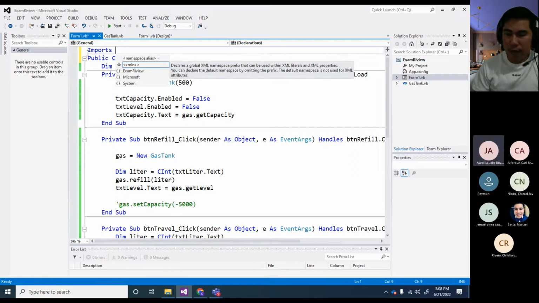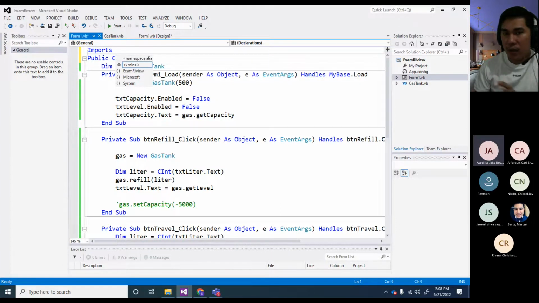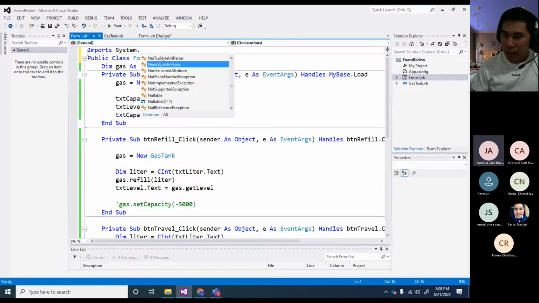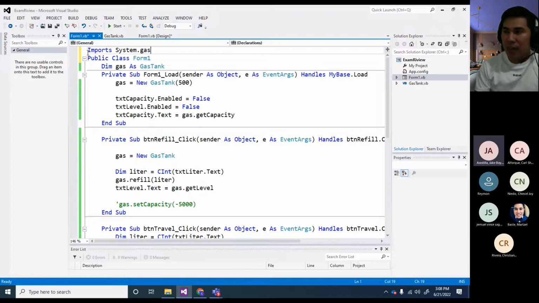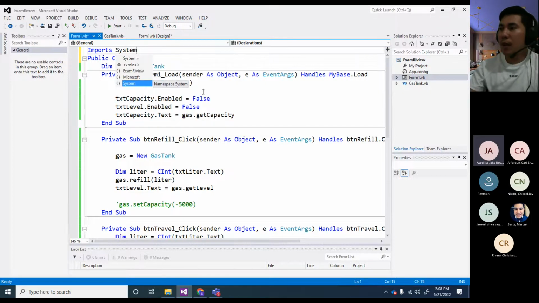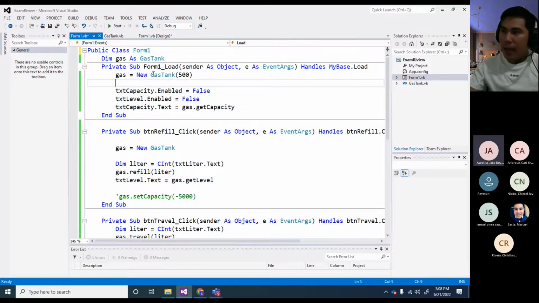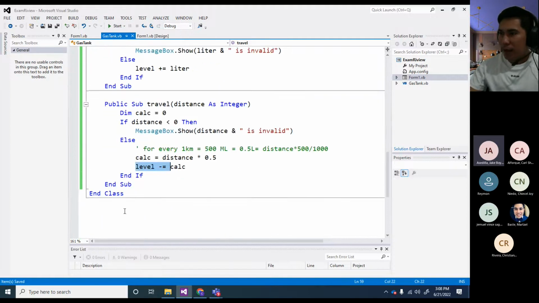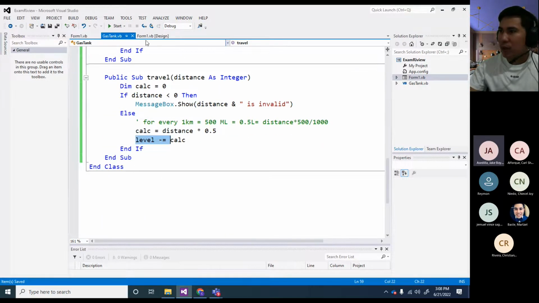So import gas tank, or wherever you put it as a package. Let's say we put it in a package in the system, but we have not put it in a package yet, so we cannot do that for now.